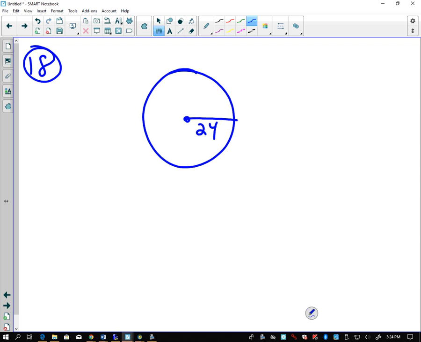And we want to cut a single slice out of it that is, let's say, 50 degrees. Okay? We want to know what the area of the top portion is, how much frosting am I getting? So we're going to use pi r squared, because that's my area formula, times the measure in degrees over 360.